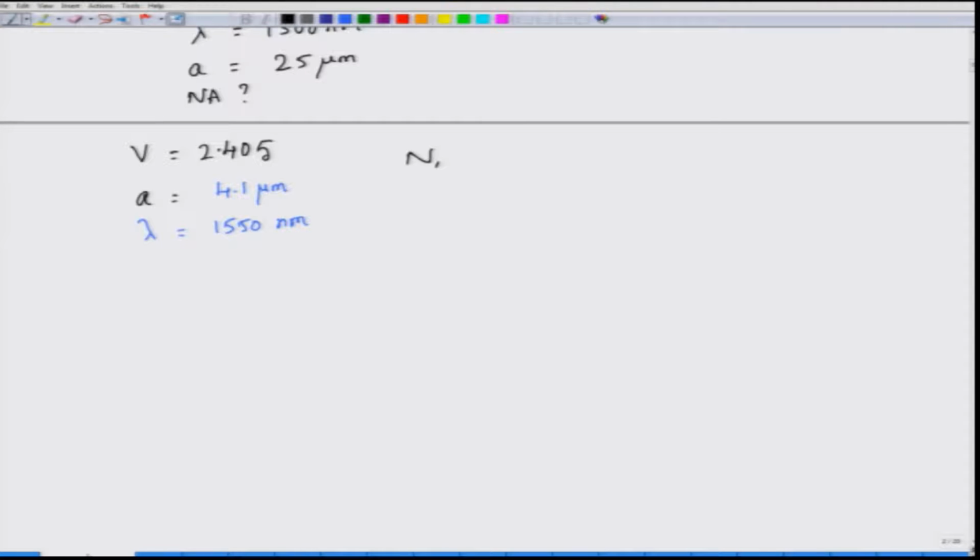Can you calculate what should be the numerical aperture? And if I tell you that N1 is nearly 1.44, can you calculate what should be N2? I will leave this as an exercise problem to you. The solution will be supplied after the assignments are handed over to you.